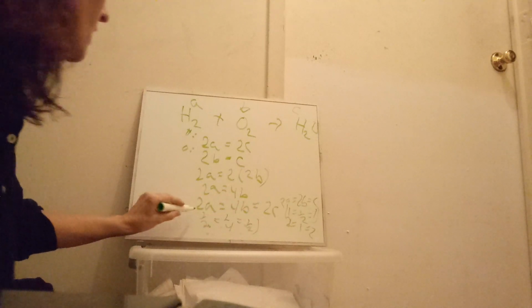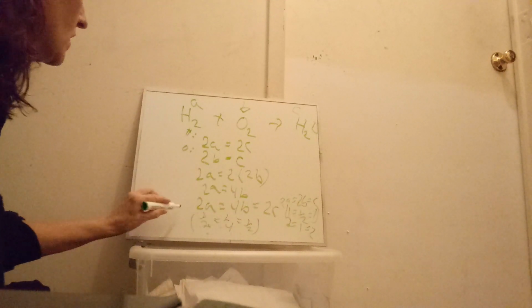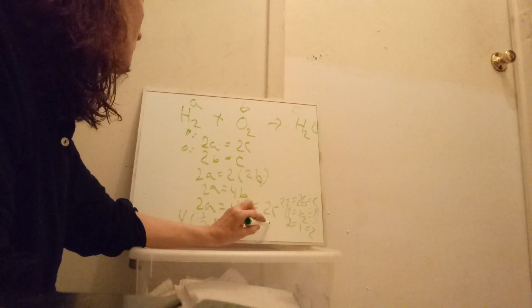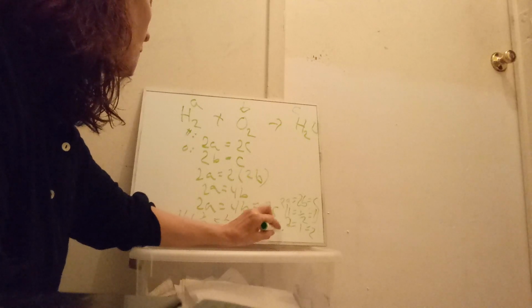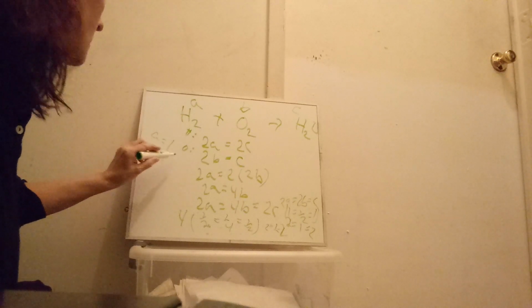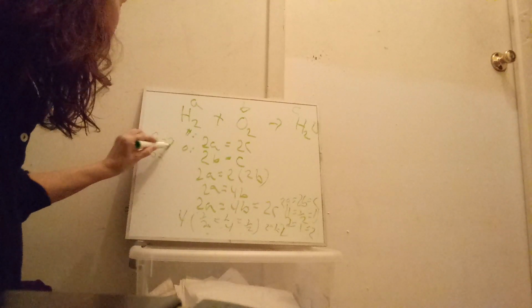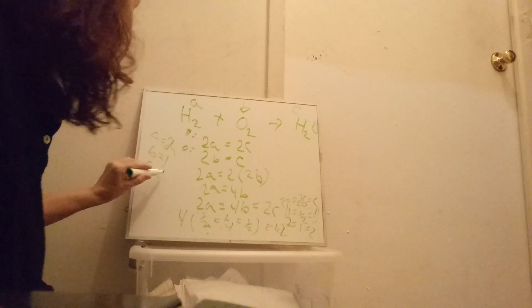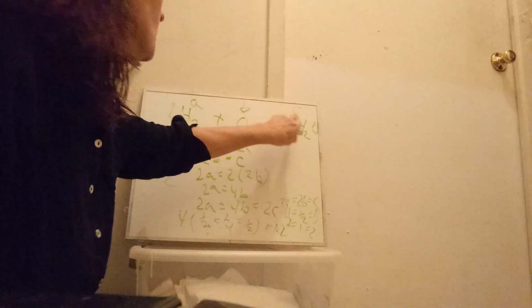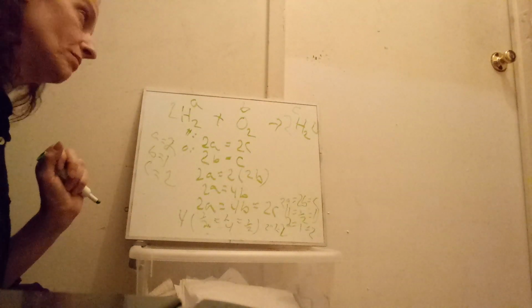I then get rid of the fractions using 4, and that gives me 2, 1, 2, and that produces A equals 2, B equals 1, and C equals 2. Now I get 2 and 2, 2 and 2 is 4, 2 and 2 is 4, and 2 and 1 is 2, and 2 and 1 are 2.